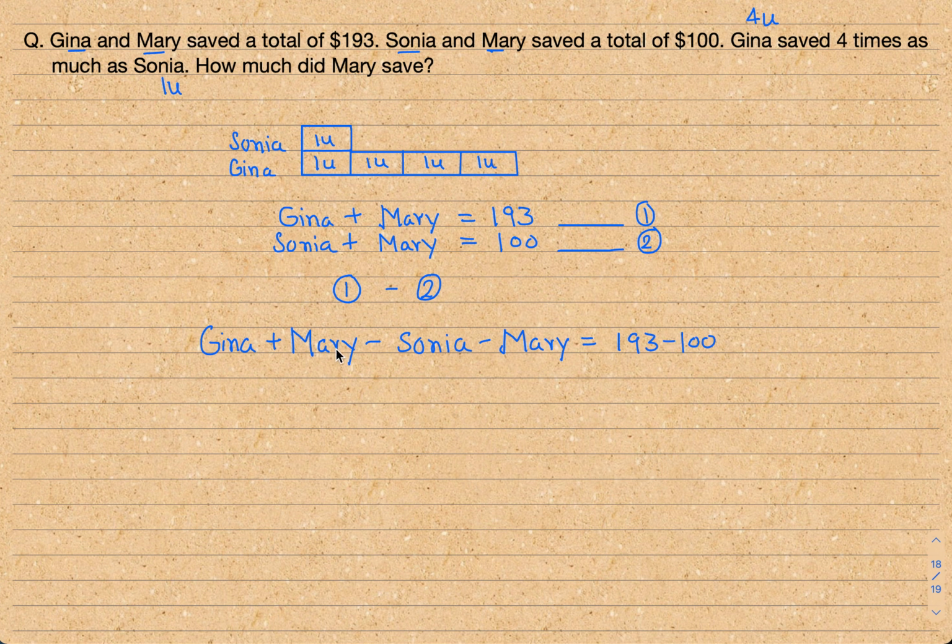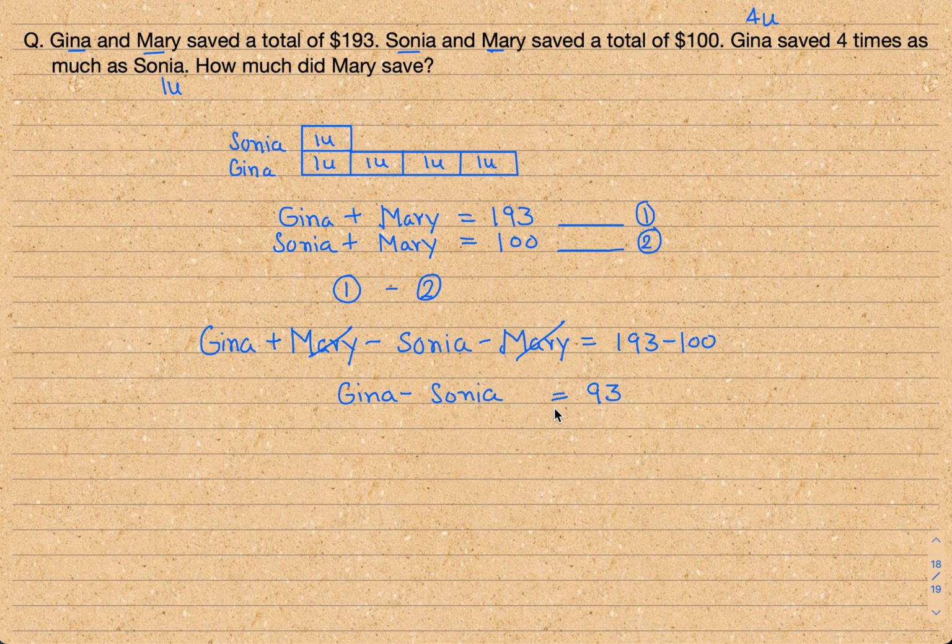So you see here Mary is plus, and also we are subtracting Mary's money, so we can cancel one from the other. Then we are left with Gina minus Sonia, that will be equal to 193 minus 100, which gives me 93.